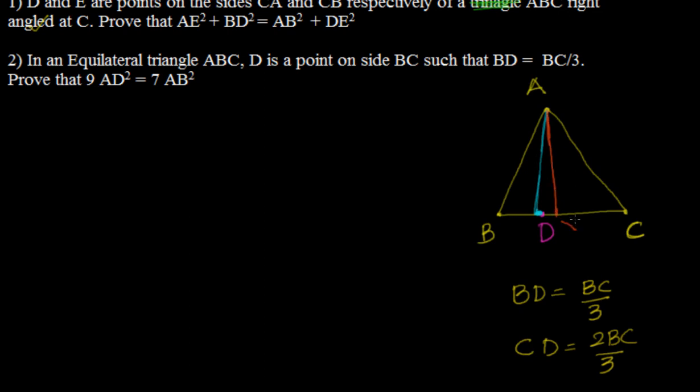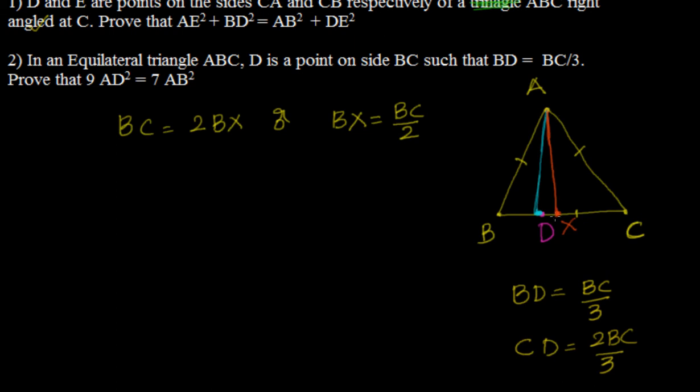Let us say that it meets BC at X. And we know that BC is equal to 2 into BX, or BX is equal to BC by 2. How do we know that? Because it's an equilateral triangle.